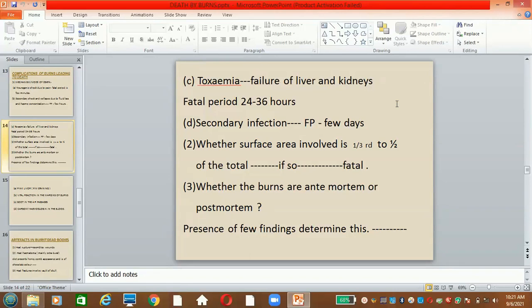Vital reaction, as you know, means signs of inflammation on microscopy, leukocytic infiltration, especially polymorphs, and the level of a few enzymes is found raised in the area around burnt tissues. If this vital reaction is present, burns are antemortem, otherwise postmortem.